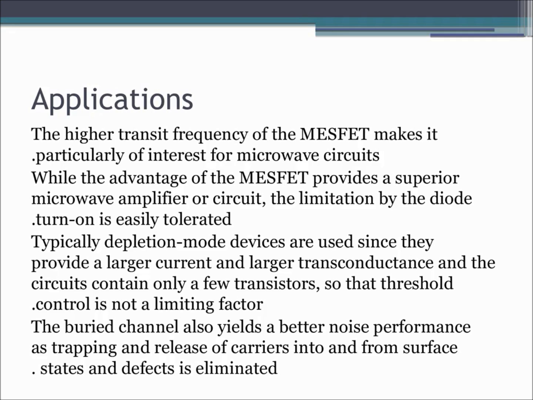Typically, depletion mode devices are used since they provide a large current and larger transconductance, and the circuits contain only a few transistors, so that threshold control is not a limiting factor. The buried channel also yields better noise performance, as trapping and release of carriers into and from surface states and defects is eliminated.